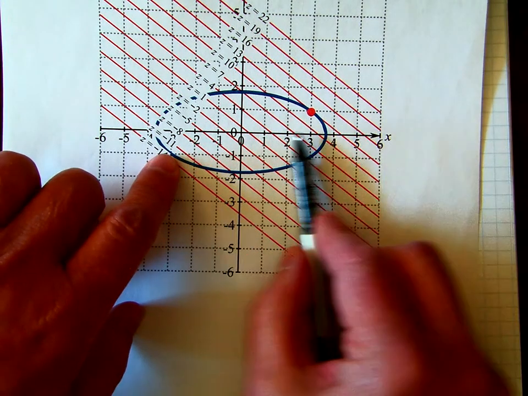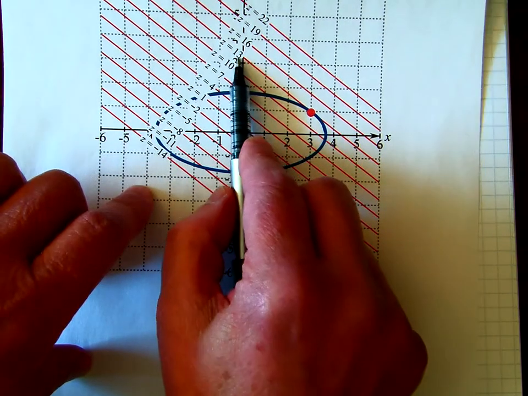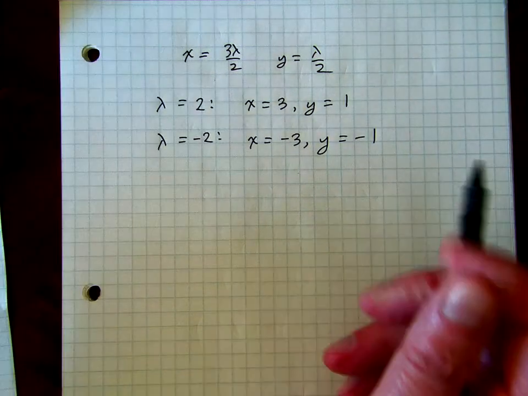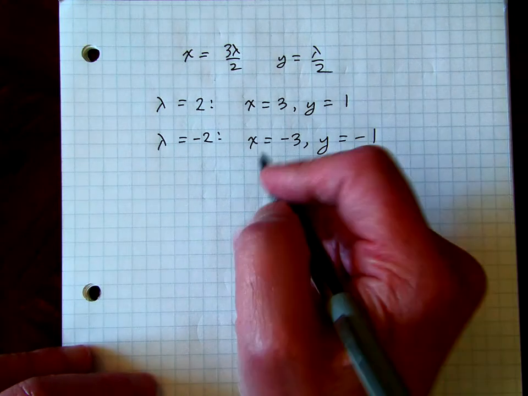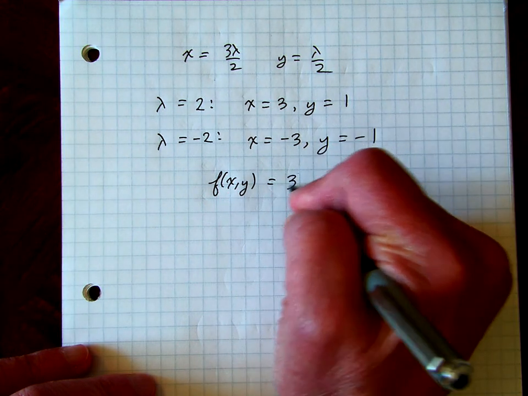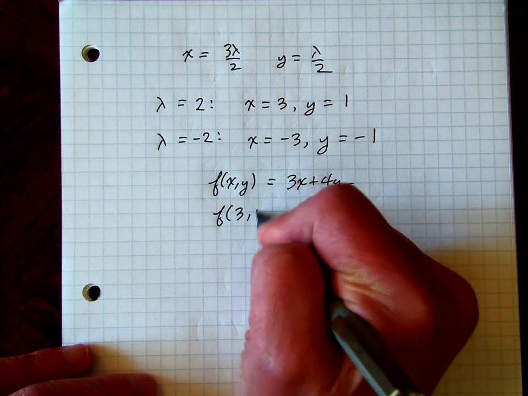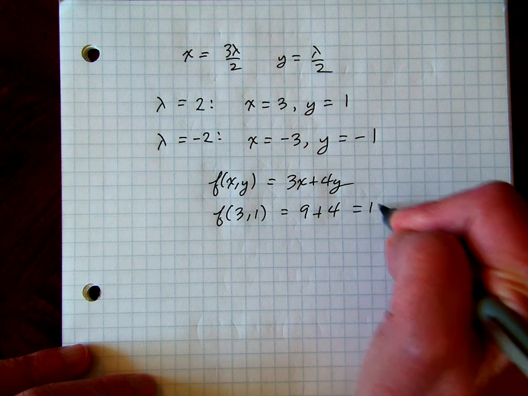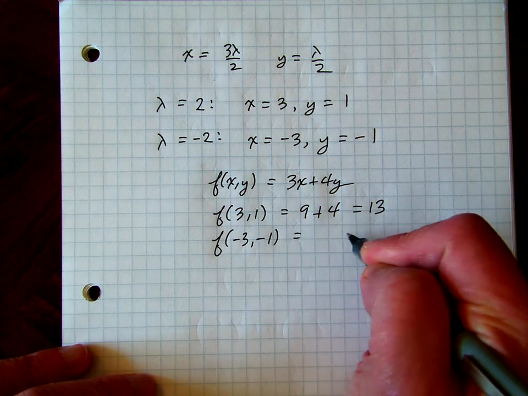The level curve right here is labeled 13. If you plug 3, 1 into the object function, and remember what the object function was, f of x, y equals 3x plus 4y, we got 9 plus 4 is 13. And negative 3, negative 1 simply gave us negative 13.